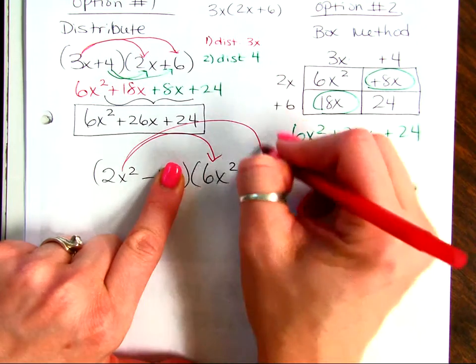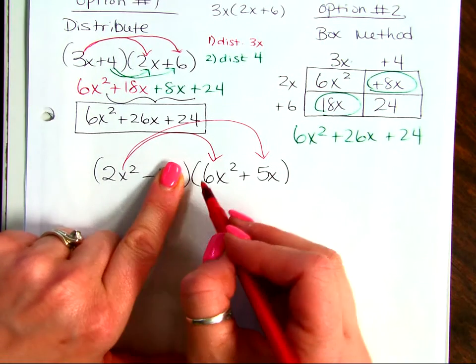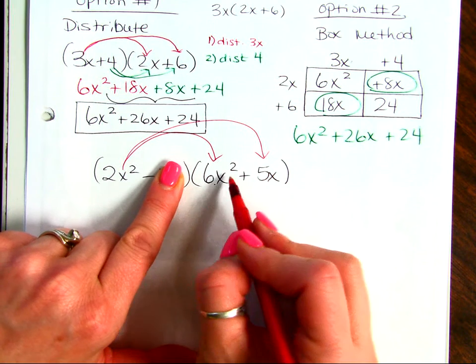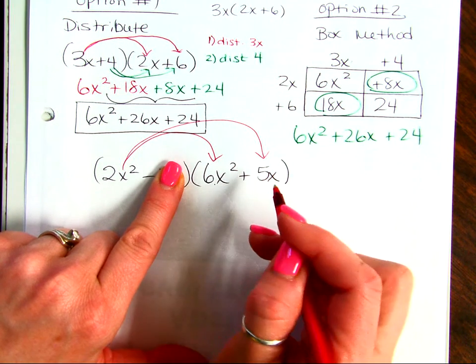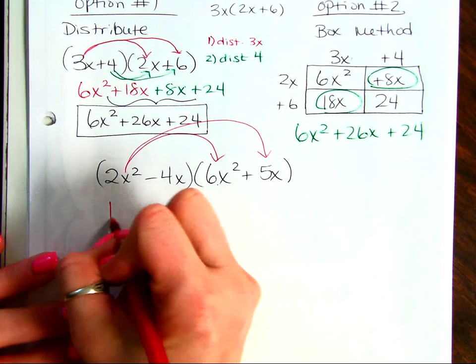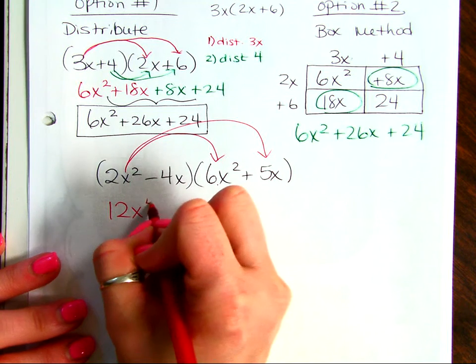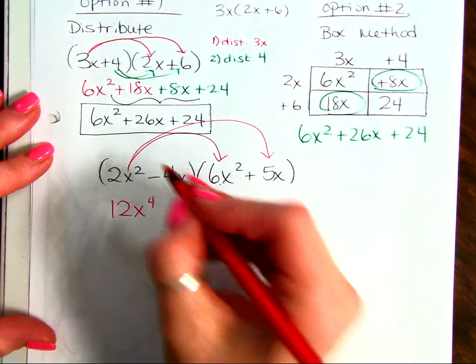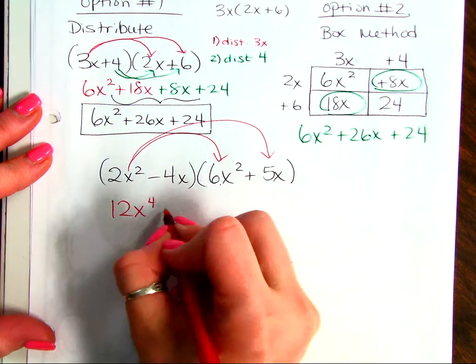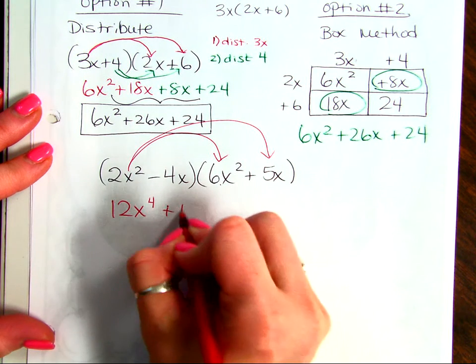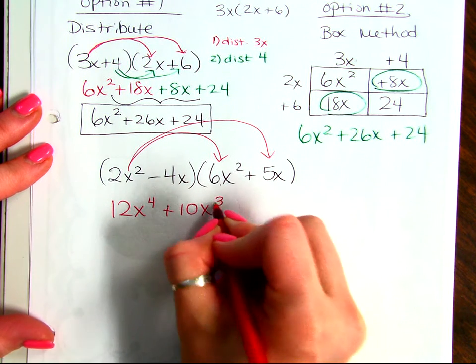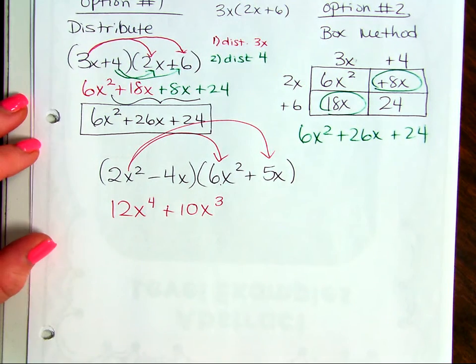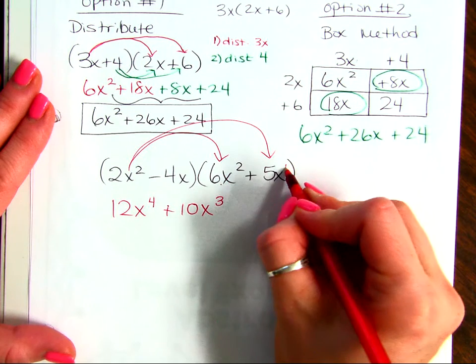So 2x squared times 6x squared is what? 12x to the 4th, because I'm multiplying, and when I multiply, I add the exponents. 2x squared times 5x is 10x to the 3rd. Check your exponent. Where did that 3 come from? Because 1 plus 2 is 3.